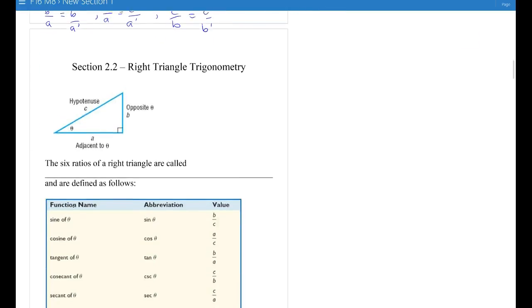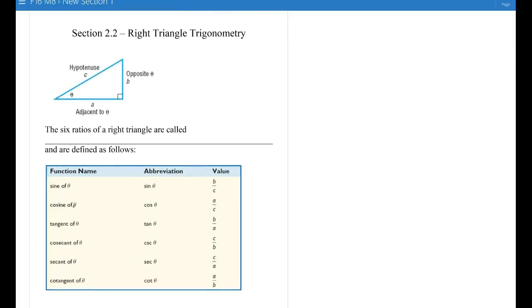So these ratios have names in the world of trigonometry. The 6 ratios of a right triangle are called trigonometric functions. Here's how they're defined. The sine of this angle theta is the ratio of the opposite side, b, to the length of the hypotenuse, c.